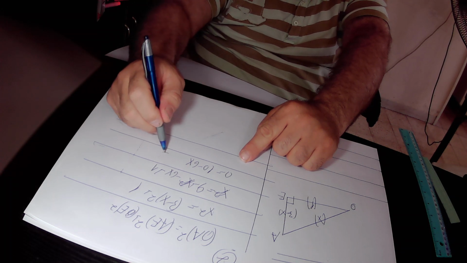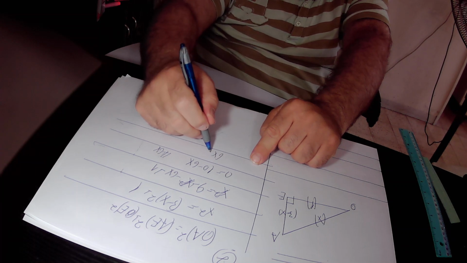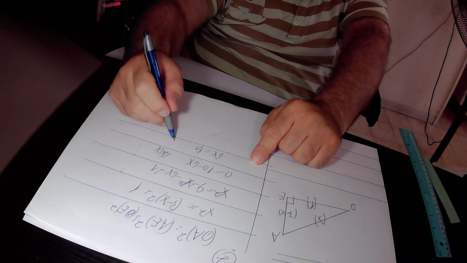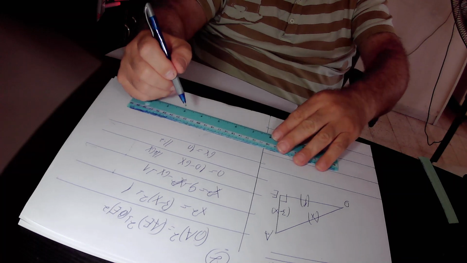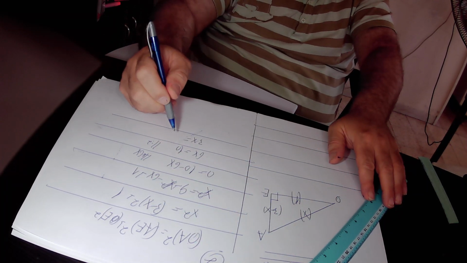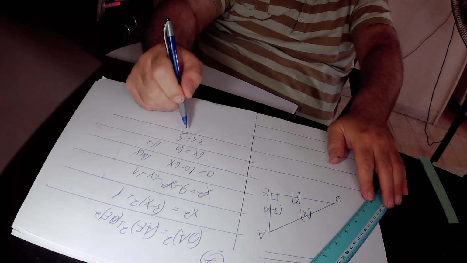Here we add 6x to this equation and we get that 6x is equal to 10. Here we divide this equation by 2 and we get that 6x over 2 is 3x, equal to 10 over 2, which is 5. So 3x equals 5.